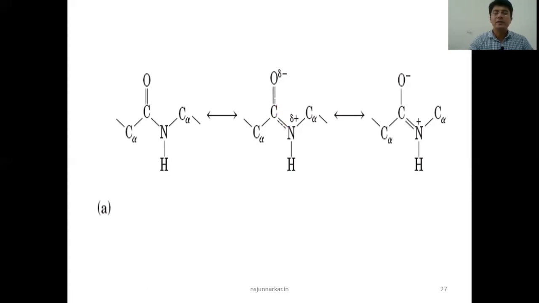That is further noticed from the data, that rotation is not permitted across the C-N bond, whereas rotation is permitted across the C alpha-C and N-C alpha bonds.